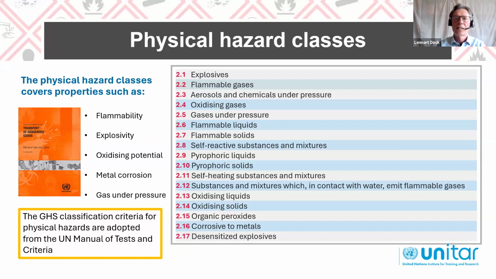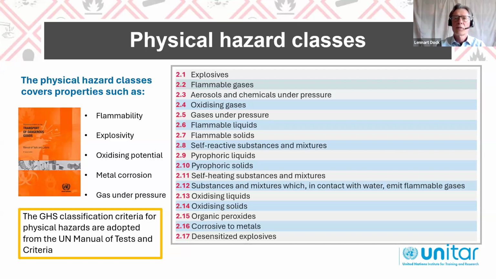It's just that you test liquids and solids differently. And here you also have details on how to test chemicals for these different hazardous properties, and the criteria are found in the UN Manual of Tests and Criteria also, but they are reproduced in the GHS.